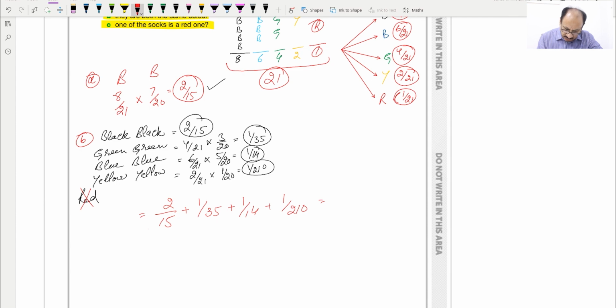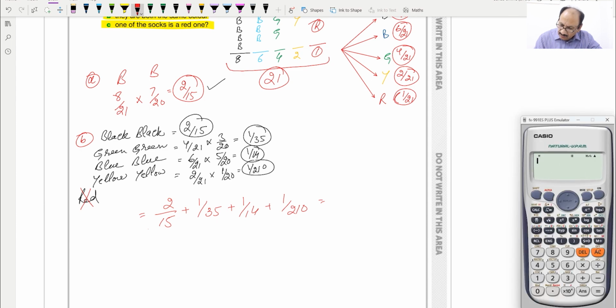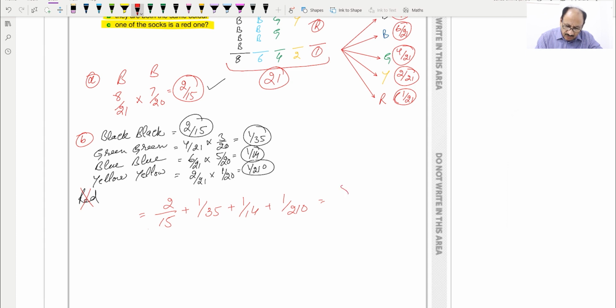These are 4 probabilities which we can add, and this results in 5 over 21. 5 over 21 will be the answer for the B part.